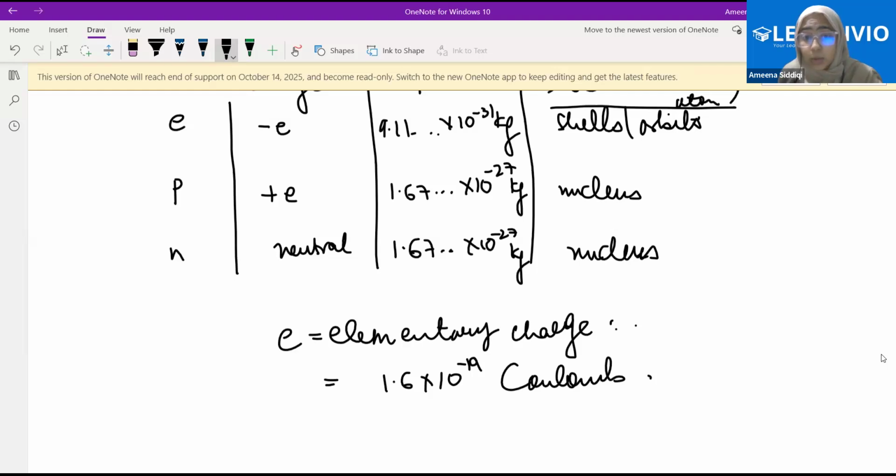The charge on one electron will be minus 1.6 into 10 raised to the minus 19 coulomb, whereas the charge on one proton will be plus 1.6 into 10 raised to the minus 19 coulomb. We have written it there, it is plus e, and we're taking the value of e as 1.6 into 10 raised to the minus 19 coulomb.